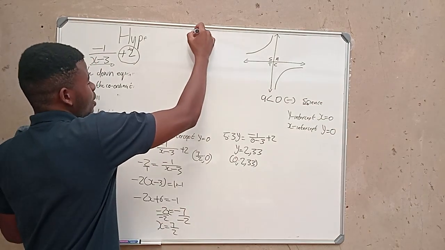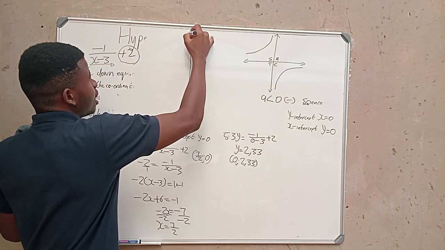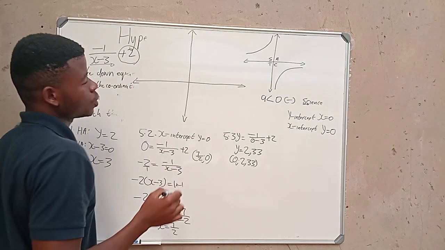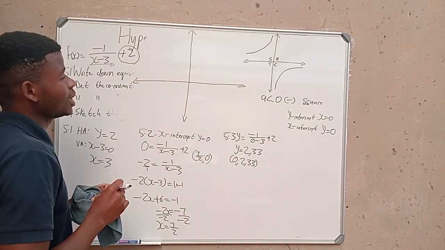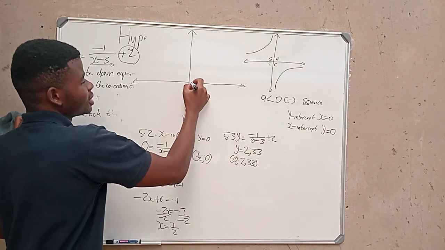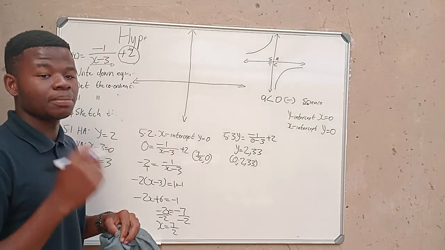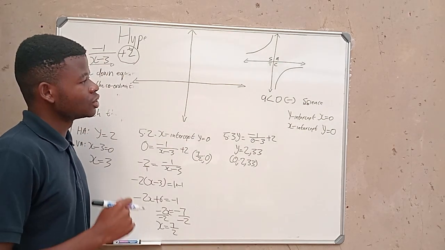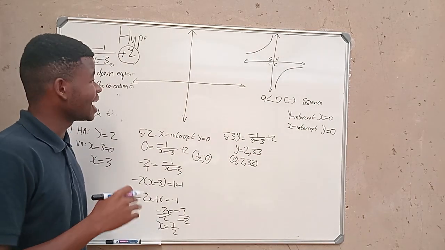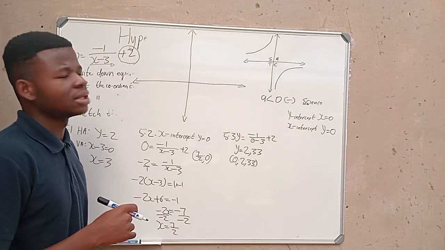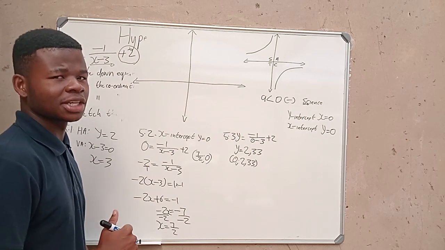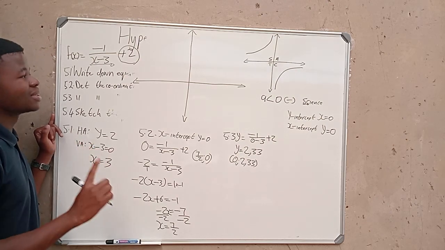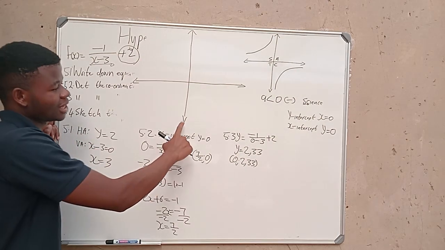Then we draw out the Cartesian plane. Guys, there's no need for you to write the values in the Cartesian plane. When you sketch the graph, you start with the Cartesian plane.